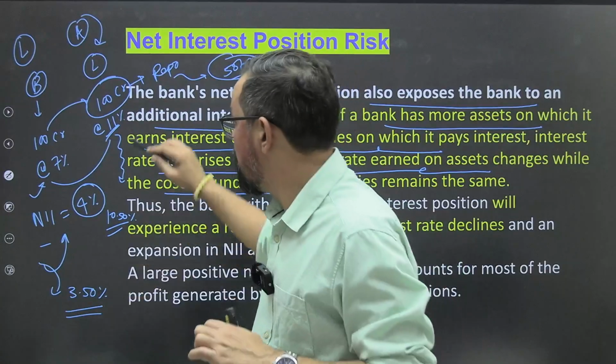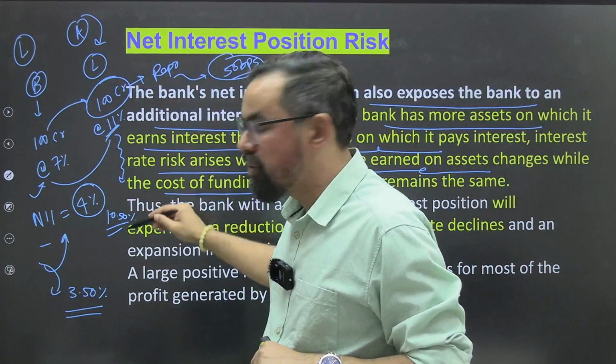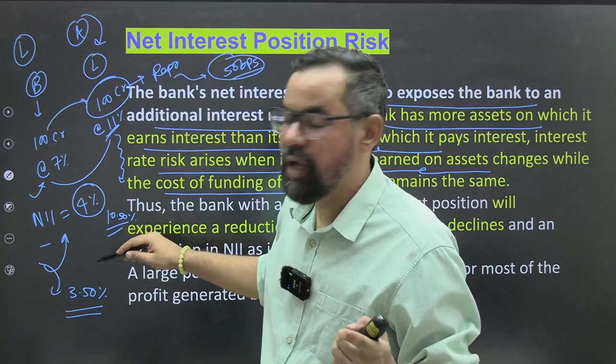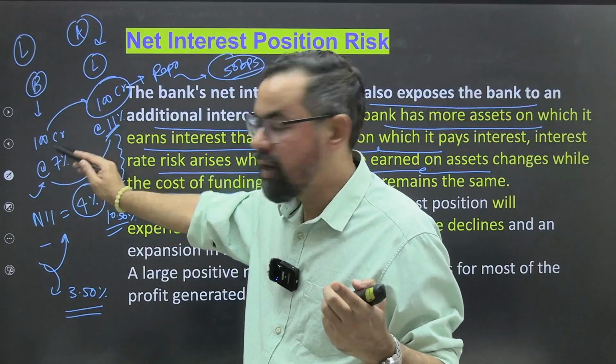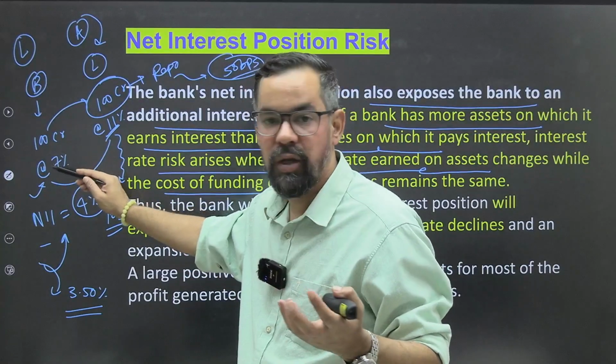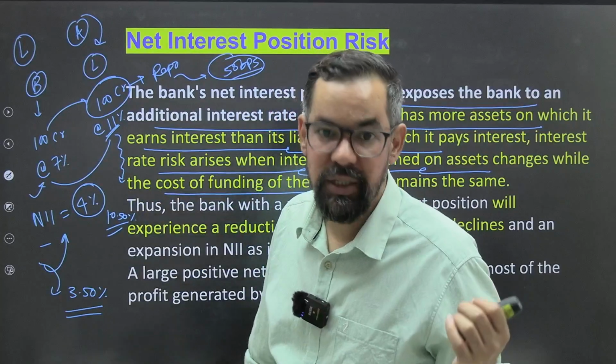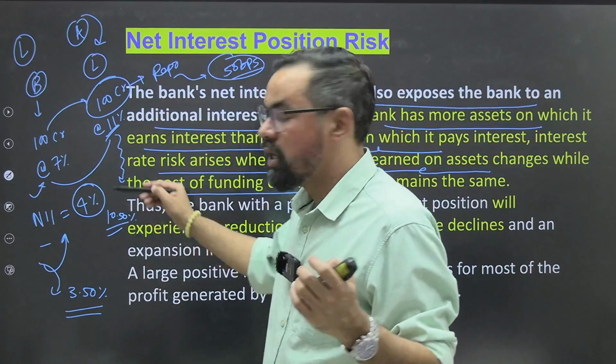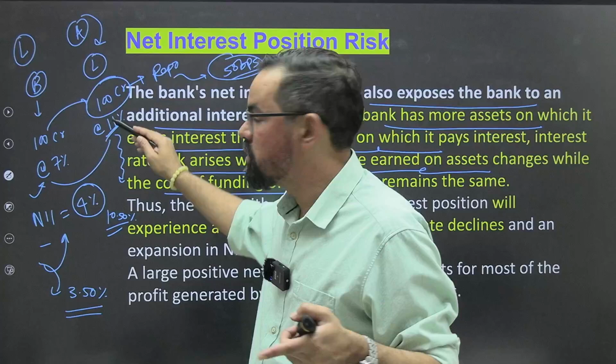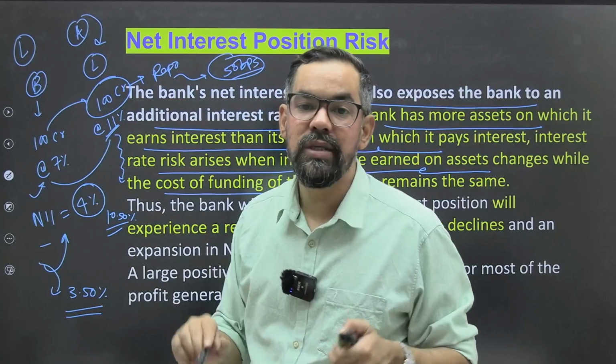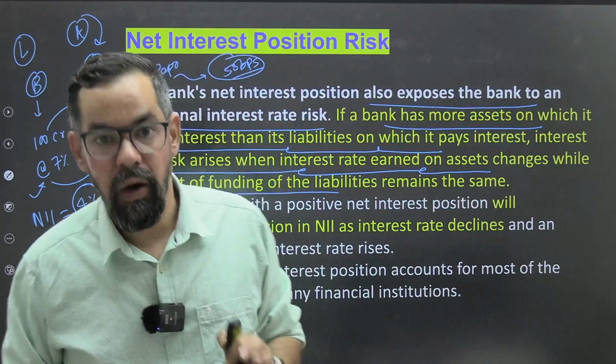Okay? So now after some time the repo rate came down. If the repo rate is coming down, that will impact you, you are not able to change this particular one because you have made some commitment in the fixed rate itself. Now this will come down, so it will cost the customer, earlier let's say it is 11%, now it is 10.5%. It is going to impact your NII or net interest position.